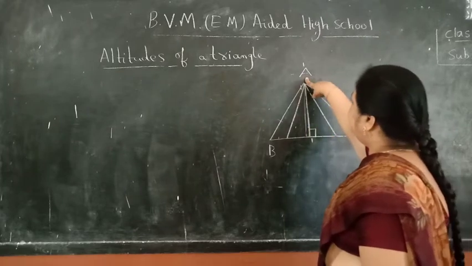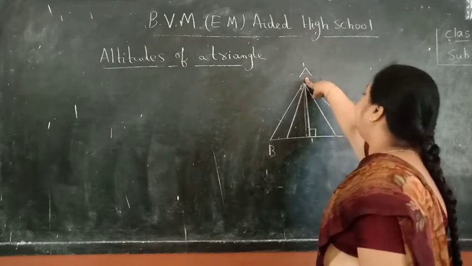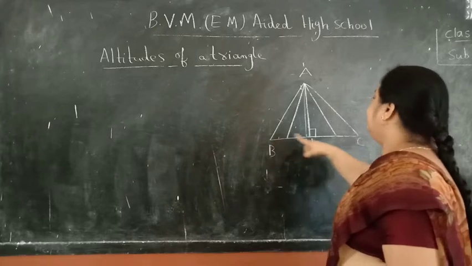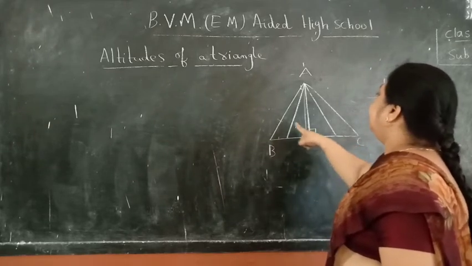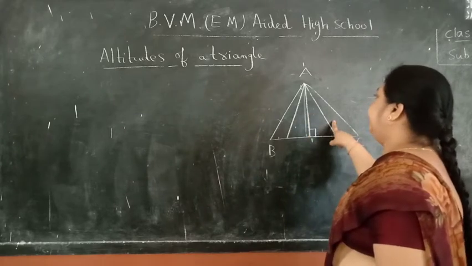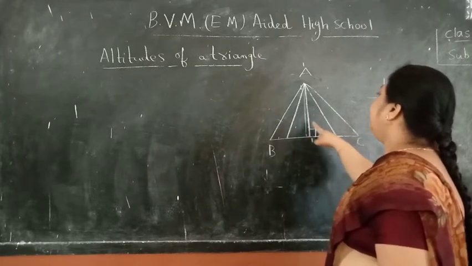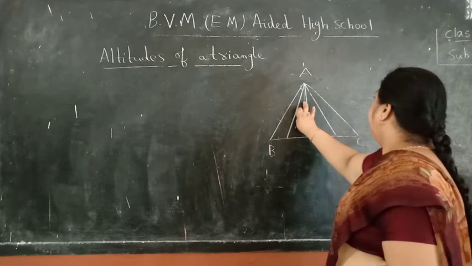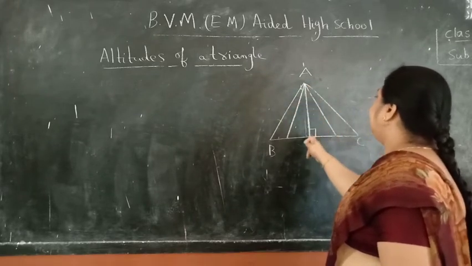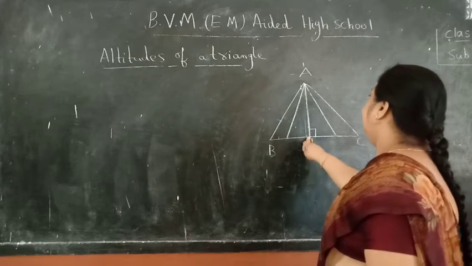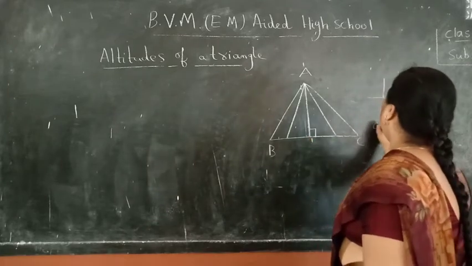From vertex A, the perpendicular drawn to the base BC is the height of the triangle. This is not the height. The other two line segments do not give the correct height of the triangle. So this is the correct altitude of a triangle.